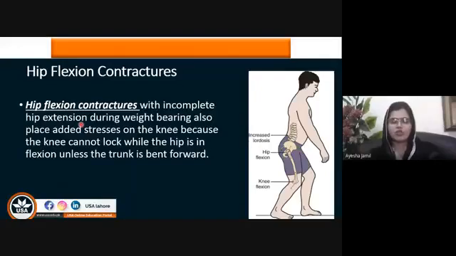So if we start moving with this hip flexion contracture as well as slight bending at the knee joint, then pressure is imposed on the hip as well as the knee in an attempt to cause extension at the hip. In this position the joint is not locked. If the knee remains flexed, it means that the joint is not locked. If one has to lock the knee joint, he or she has to assume an erect standing posture.